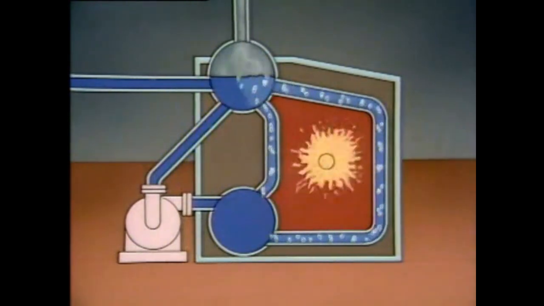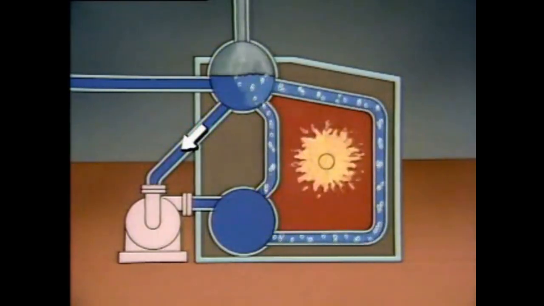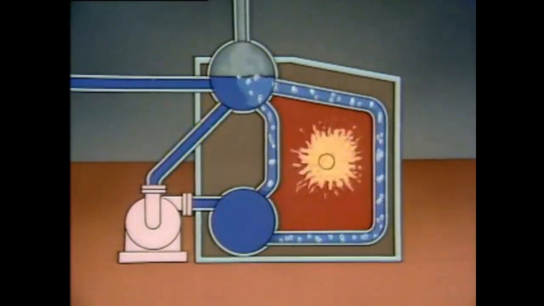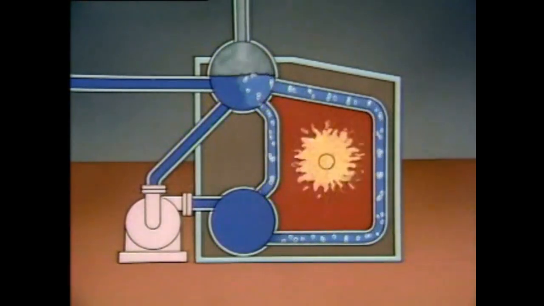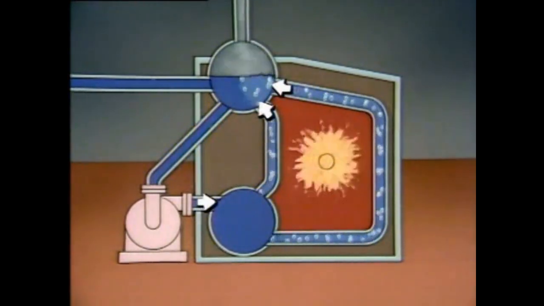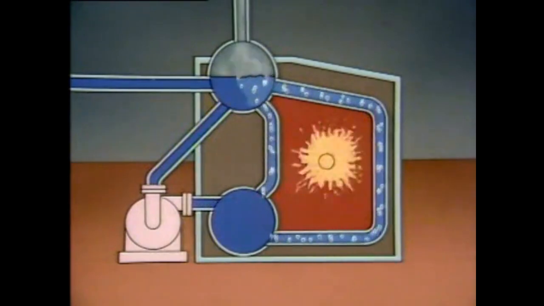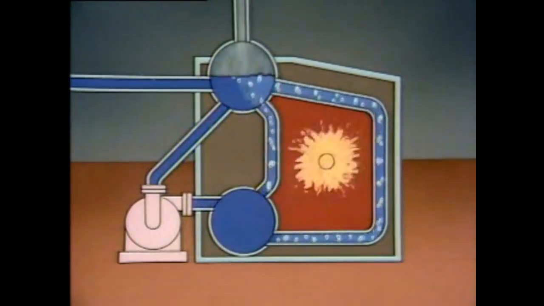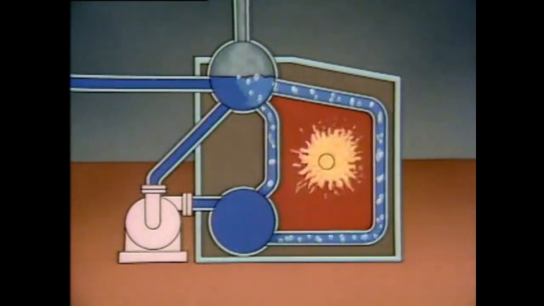In this example, the pump draws water from the steam drum and forces it through the lower drum and the risers. As the water in the risers is heated, a steam-water mixture is produced. Water from the pump forces the steam-water mixture into the steam drum. If the pump circulates the water through the drums and the tubes, the boiler will operate as it's supposed to.